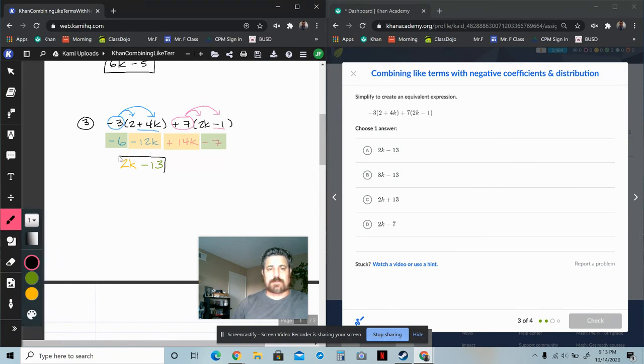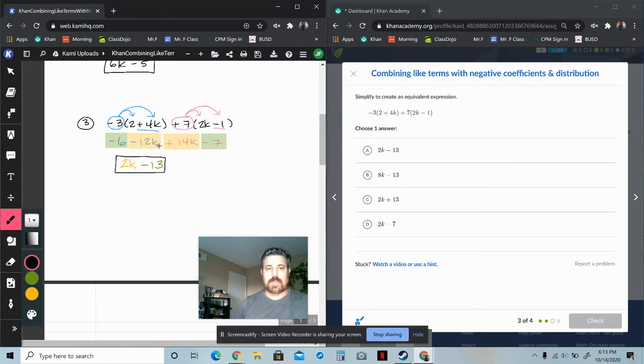And that's how I would do it once I get more comfortable, where I'm not showing the extra steps. So I would still show the distribution, right? But then I would just have one sign in front of each thing, knowing in my head that this is all being added together. That negative 6 subtract 12k plus 14k subtract 7 is exactly the same as when you change your subtraction to addition: negative 6 plus negative 12k plus positive 14k plus negative 7.